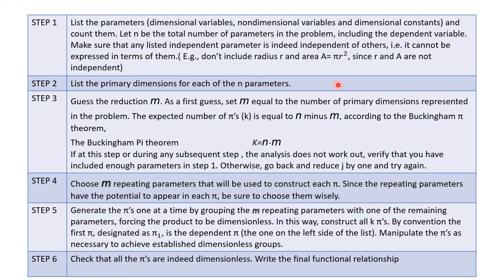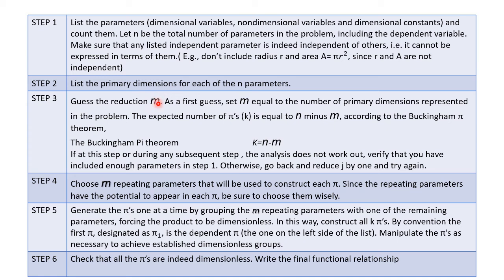Next, step 3 is to guess the reduction m. As a first guess, set m equal to the number of primary dimensions represented in the problem. Once you write the dimensionless parameters, observe the number of primary dimensions involved. If there are 3 primary dimensions, then you set your m value equal to 3.